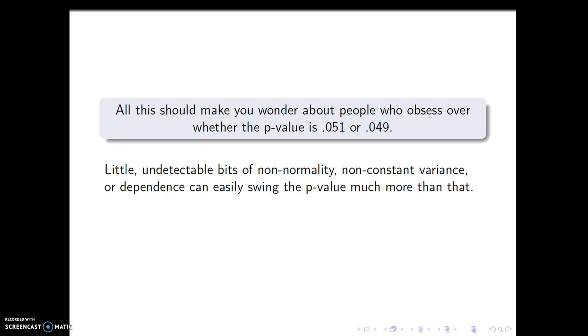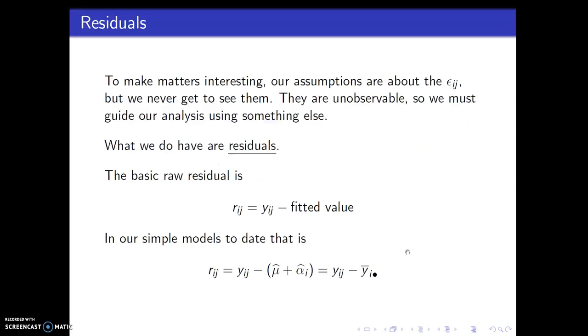Little violations of your model can cause that kind of change in the p-value. And as we talked about in class 2, really, if we interpret the p-value correctly and not as a radical binary decision, there's substantively no difference between those two values anyway.